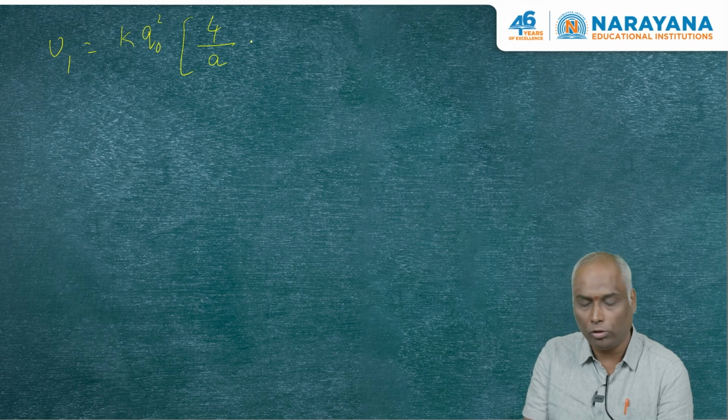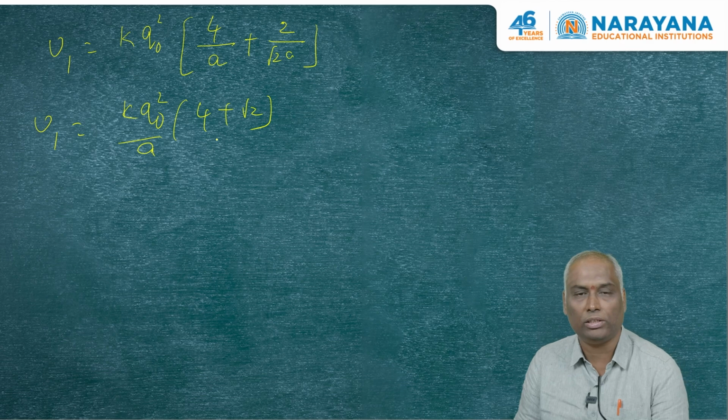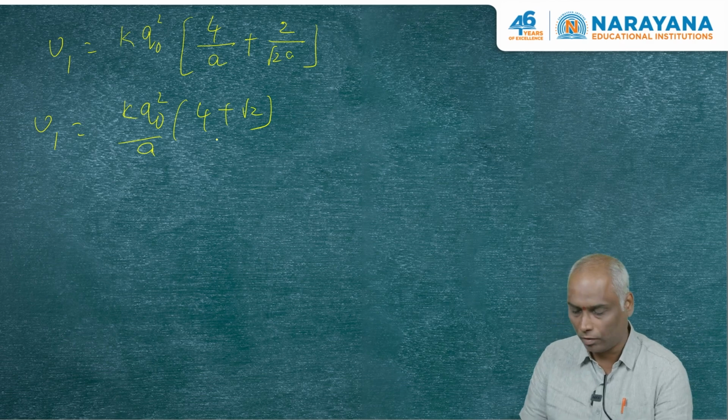Similarly, there are two interactions, two pairs, due to the charges lying at the corners of a diagonal. So plus 2 times 2 divided by the distance root 2a. From this equation we get u1 equals k q naught square divided by a into (4 plus root 2). This is the interaction energy associated with the first configuration.